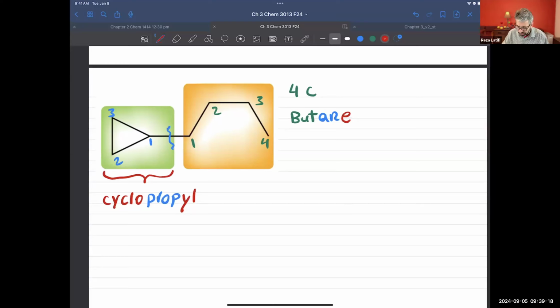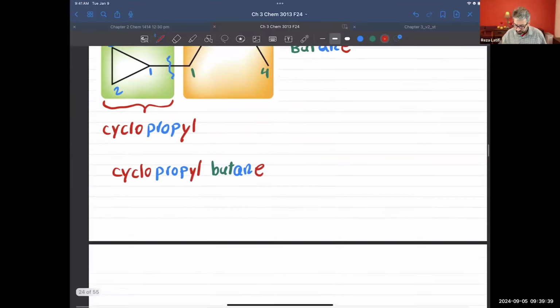So the full name will be cyclopropyl, the entire thing attached to butane. This is going to be the full name of the compound.